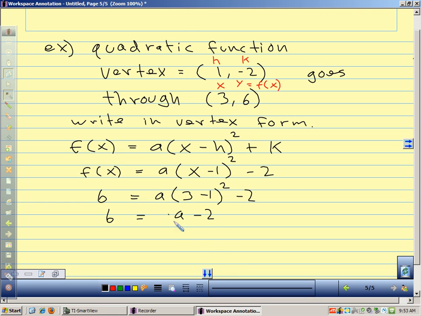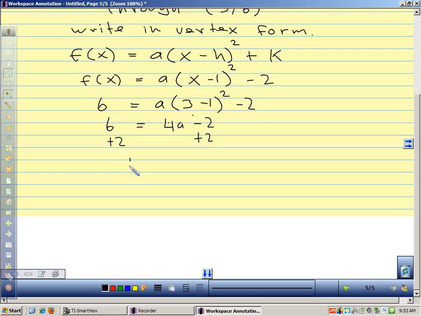So 3 minus 1 is 2. 2 squared is 4. So I have 4a minus 2. Add 2 to both sides. So I have 4a equals 8. Divide by 4. And a equals 2.